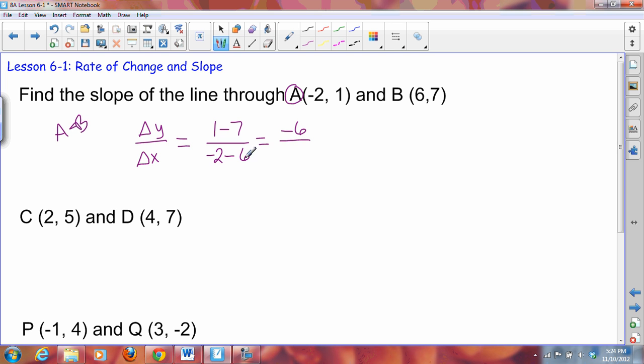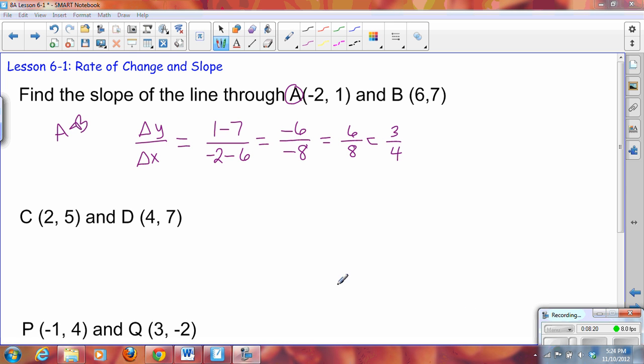Negative 2 minus 6 is the same as negative 2 plus a negative 6, which is a negative 8. Now I've got negative over negative. Those negatives cancel out, which is 6 over 8. And of course, that can also simplify into 3/4. So my slope there is 3/4.